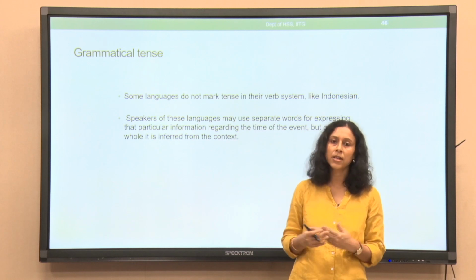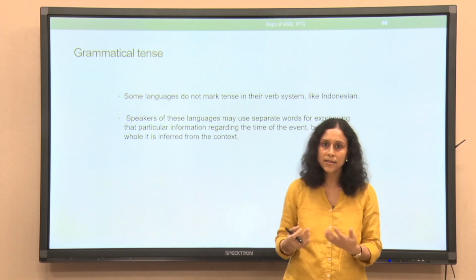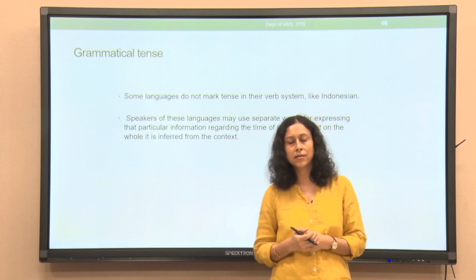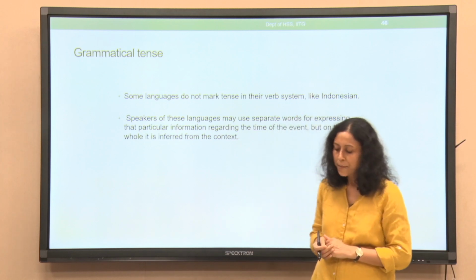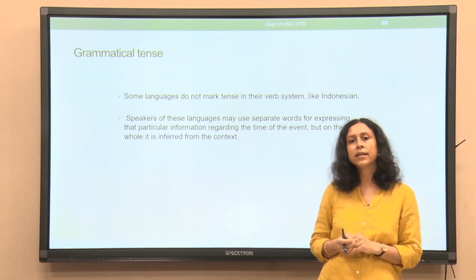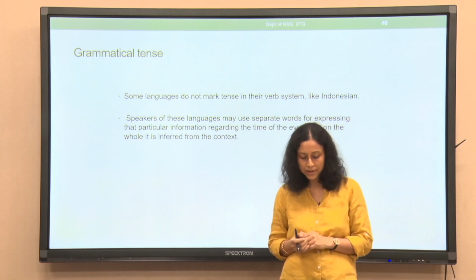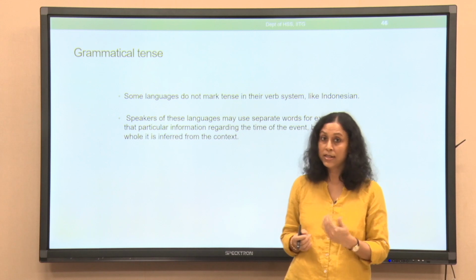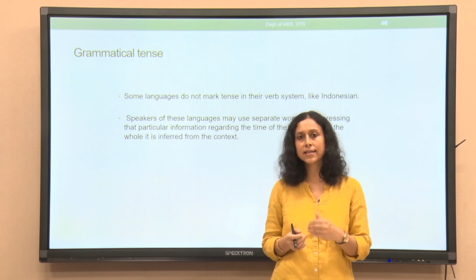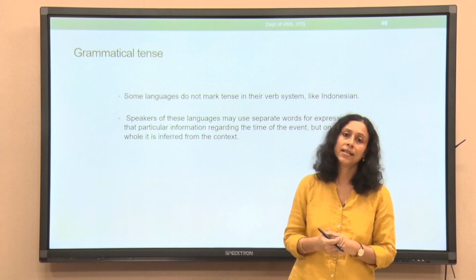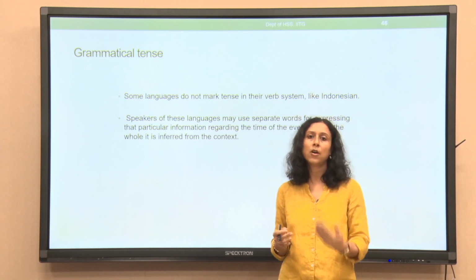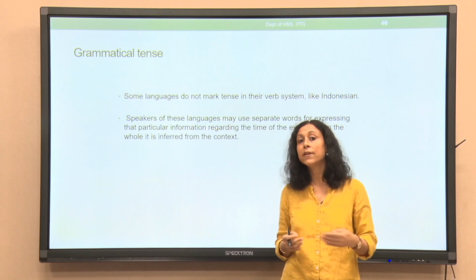However, that does not mean they do not understand that there is a difference between these three possibilities. What is interesting to see is whether this lack of overt marking of tense makes them look at the event differently.